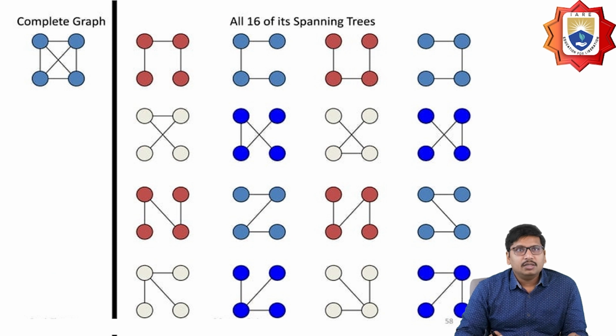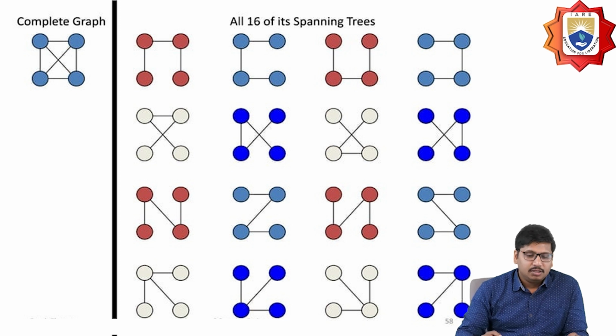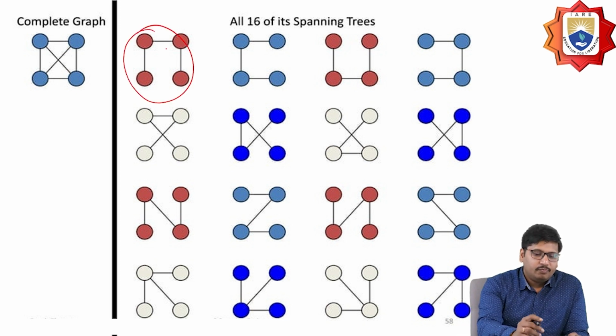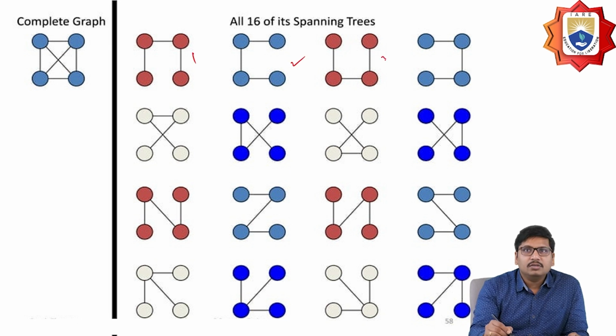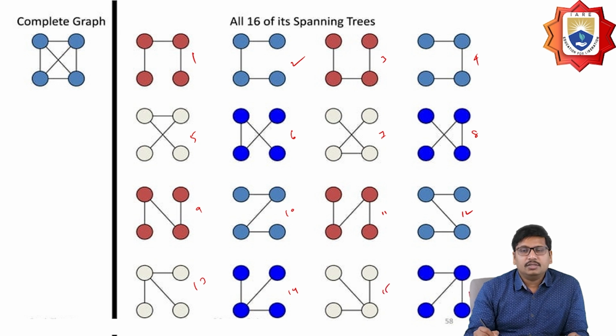So for the complete graph, what are the possible combinations of all the spanning trees here? This is one possibility, this is the second one, the third, the fourth, the fifth spanning tree of the given graph, 6, and this is another possibility, 8, 9, 10, 11, 12, 13, 14, 15, and 16.